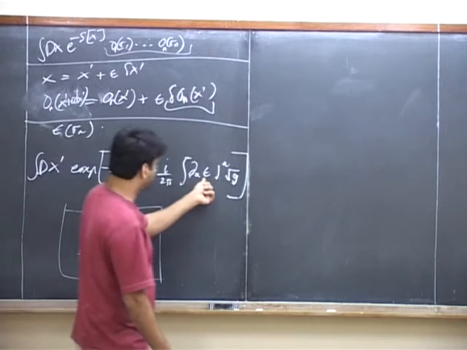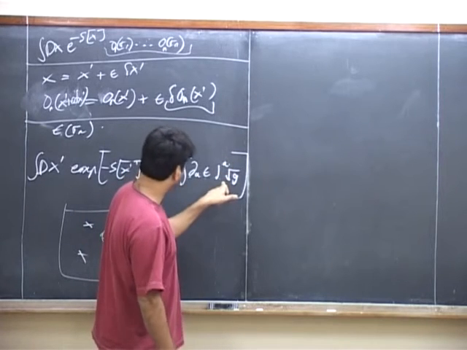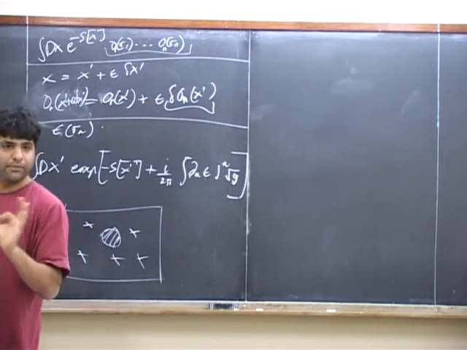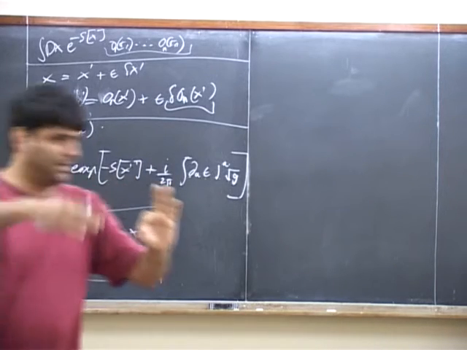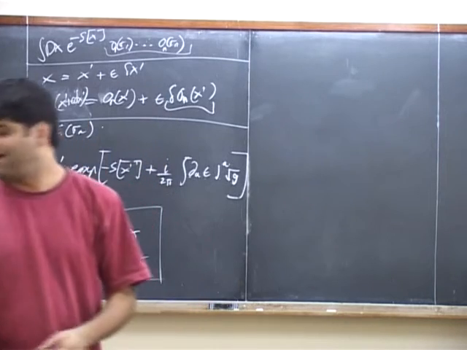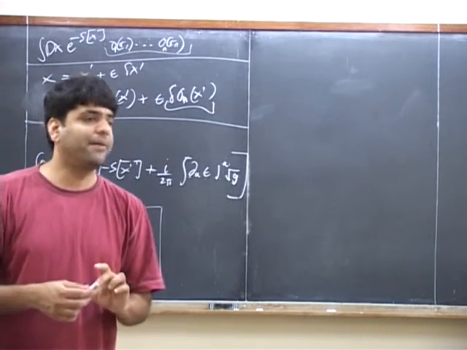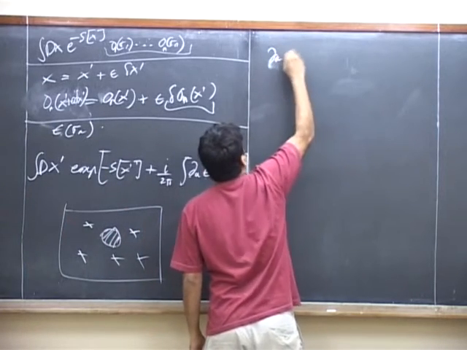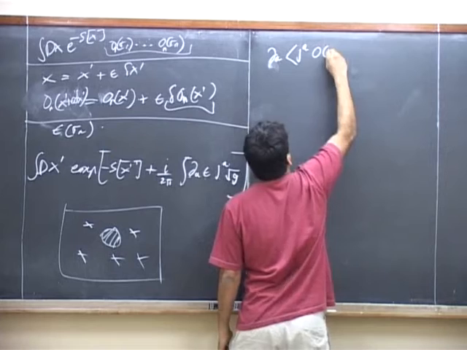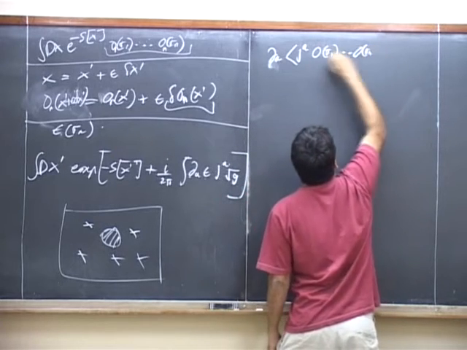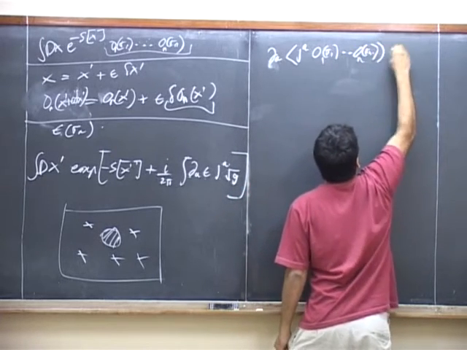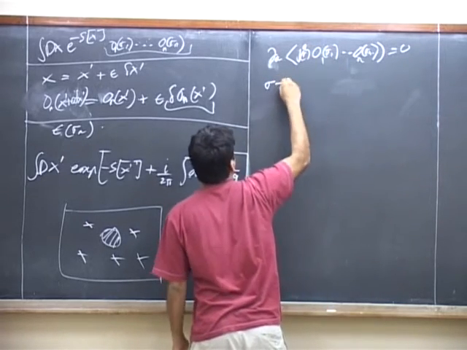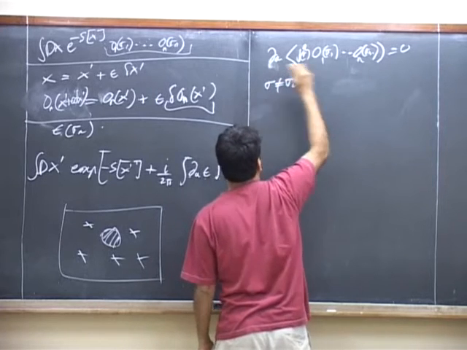Then, as we did last time, we integrate it by parts, move the derivative to JA, and since epsilon is a completely arbitrary function, we conclude that del A of JA O1 of sigma 1 through On of sigma n is equal to 0, provided sigma is not equal to any of the sigmas.